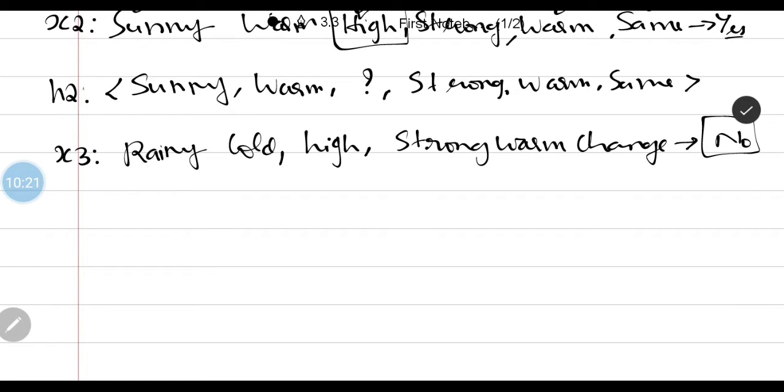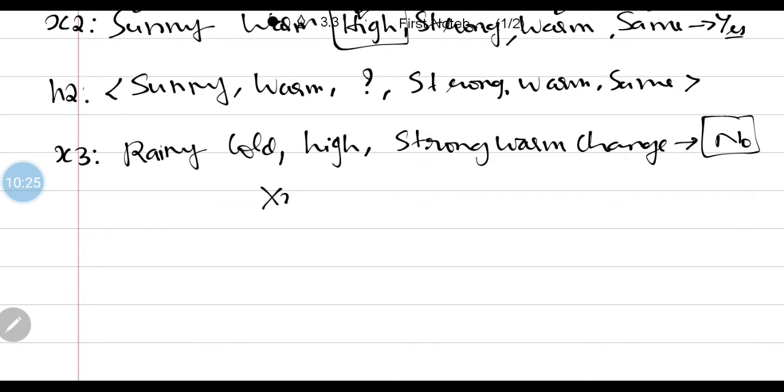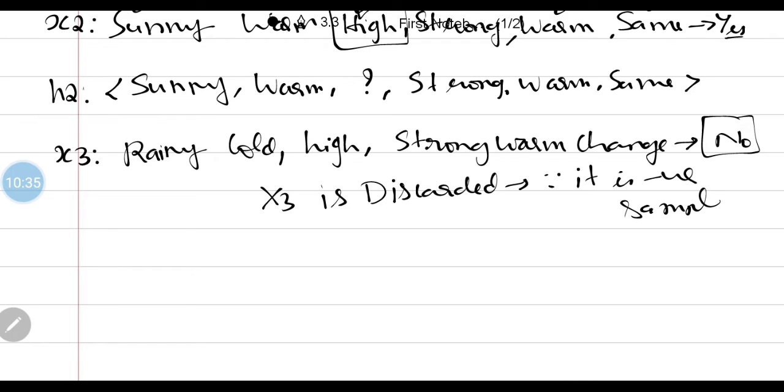Since it is not yes, since it is no, this sample will be discarded. So X3 is discarded. Why? Since it is a negative sample. So at the end of the third iteration, H3 remains the same as H2.